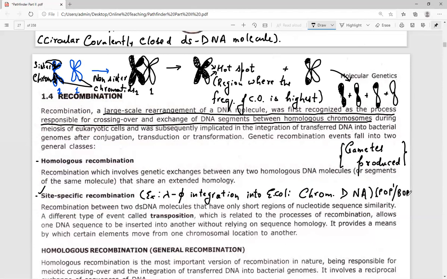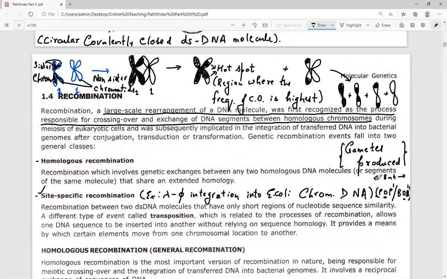What is this BOB dash and what is this POP dash? POP dash refers to a site which is present in the case of phage. Phage and bacterial genome have a common site called the O site, and this O site is made up of just 8 nucleotides.